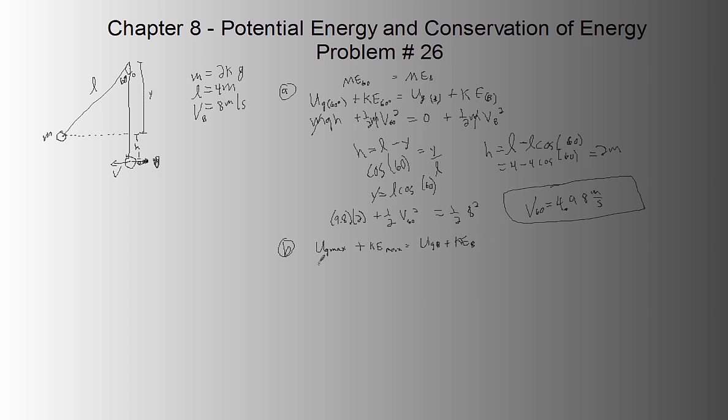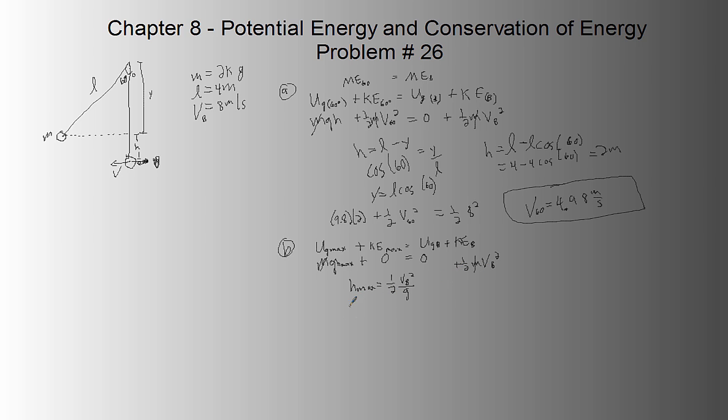And so this is just mgh max plus 0, equals 0 plus 1/2 m v bottom squared, m's cancel. And what's h max? h max is 1/2 vb squared over g. Just solving for h max here, just brought the g over.